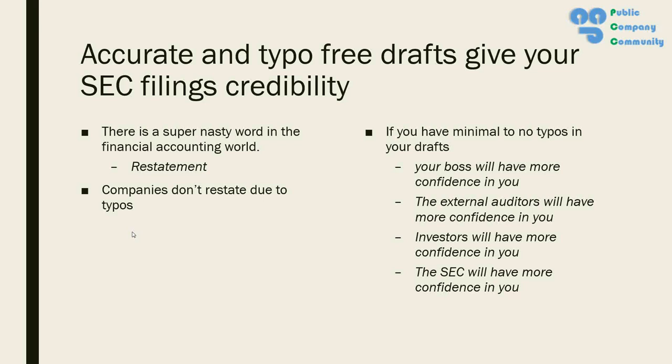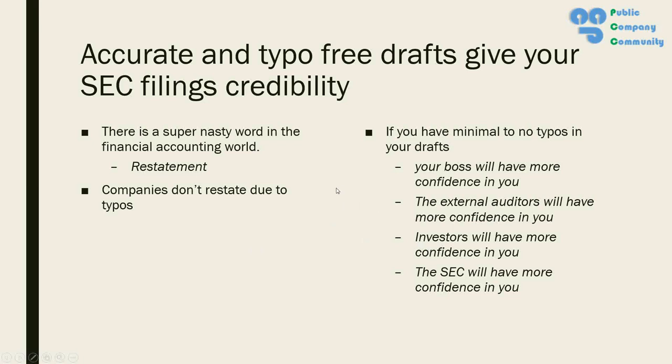It's not going to drive a restatement typically. But with that said, people will lose confidence in your filings if they see a lot of typos. They start asking more questions. I don't know about you, but when I'm reviewing something and I find one little error in it, then I'm going to dig deeper and say, okay, what else is wrong? What else should I be looking for? What other errors are in this filing?